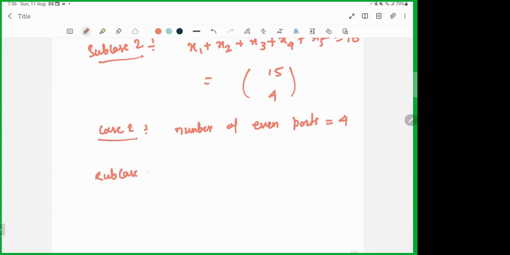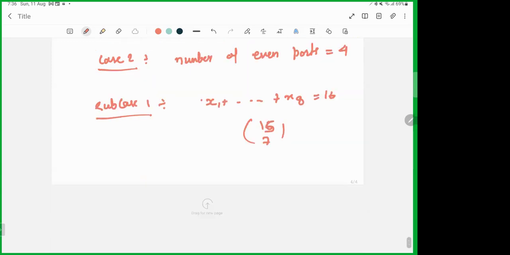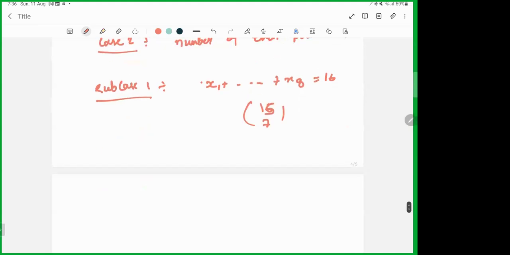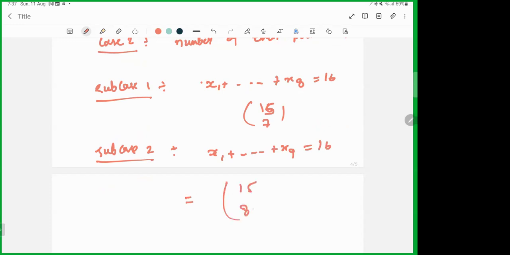Subcase 1 is x1 plus so on plus x8 equals 16. So this is 15 choose 7. Subcase 2 is x1 plus x2 plus ... plus x9 equals 16. So this is 15 choose 8.